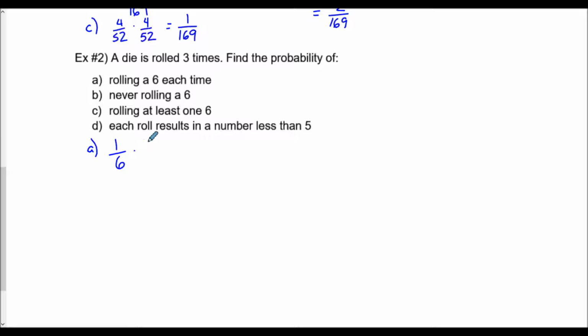Now we're going to multiply. Well, if we're rolling 3 times, the chance of the second one being a 6 is 1 out of 6. Third one being a 6, 1 out of 6. Meaning, multiply everything together, we get a 1 out of 216 chance.